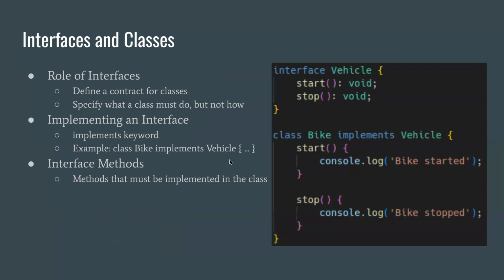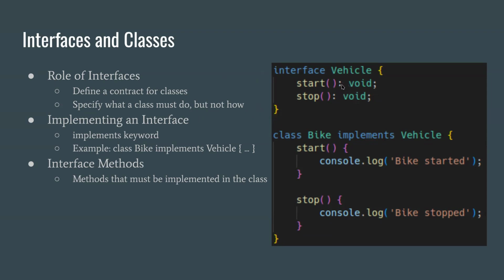Interfaces and classes. So interfaces in TypeScript are powerful. They define contracts for classes without dictating how the details are implemented. So when a class implements an interface, it agrees to adhere to the structure the interface describes.